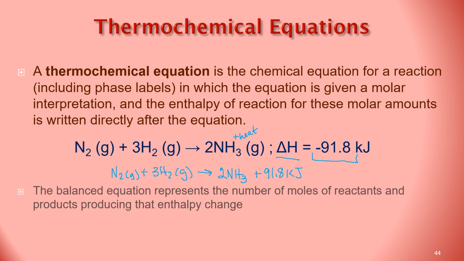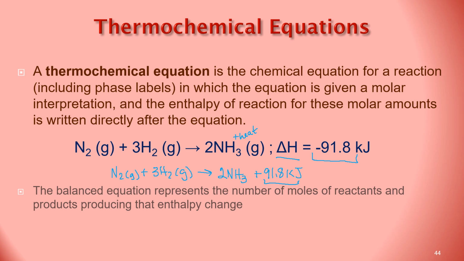So if you see it within the body of the equation, notice that because it's a product it means delta H is negative. So even though it's plus, because it's on the product side, delta H is negative, meaning heat is being released. So product released.